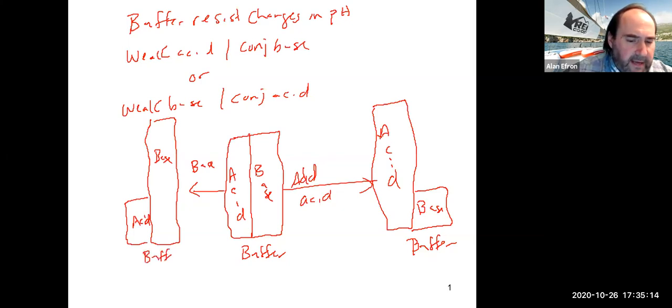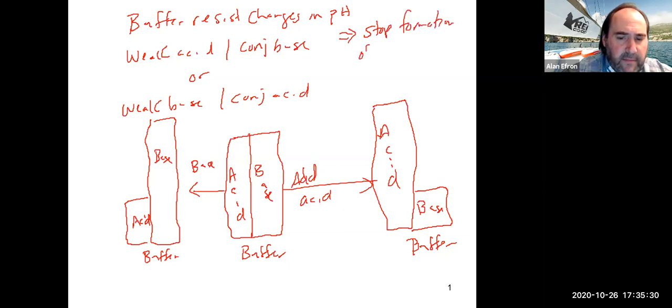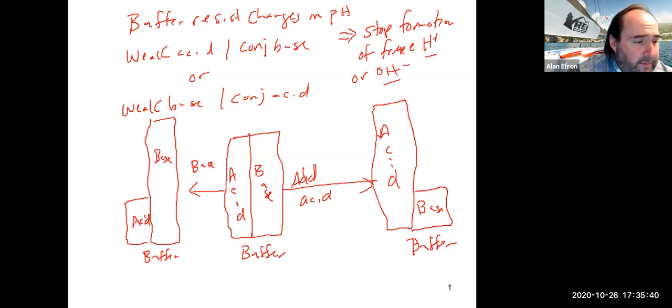So ultimately, a buffer prevents the formation of free H+ or OH-, the two things that would be introduced into the solution when you add an acid or a base.